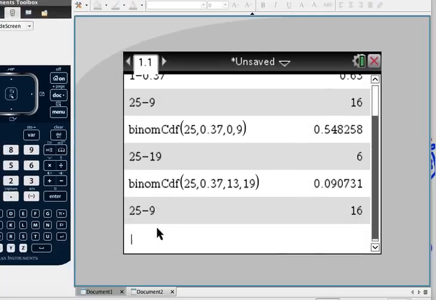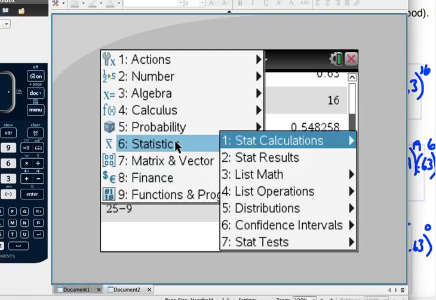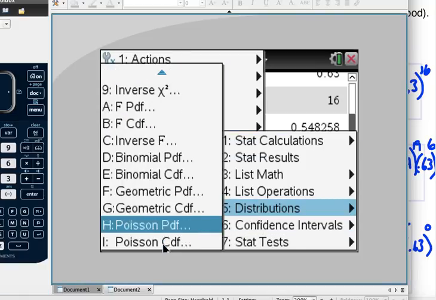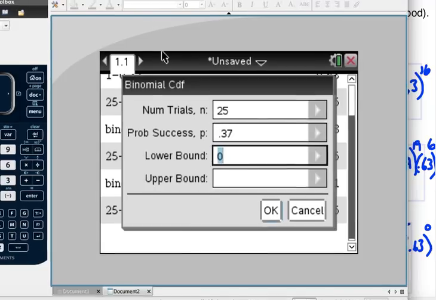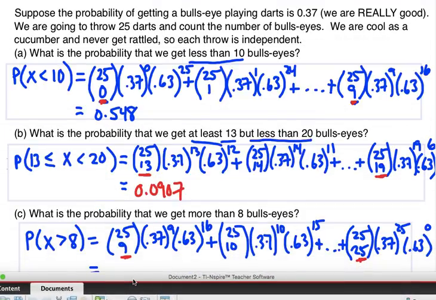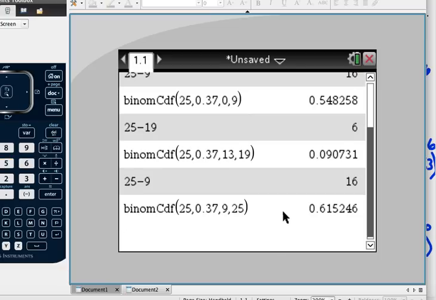So again, because it's an inequality, we're going to do binomial CDF. So menu 6, 5, binomial CDF. Number of trials is 25. Probability of success is 0.37. The lower bound was 9 and the upper bound was 25. Because we're only throwing it 25 times. That's the highest it's going to go. So 0.6152.